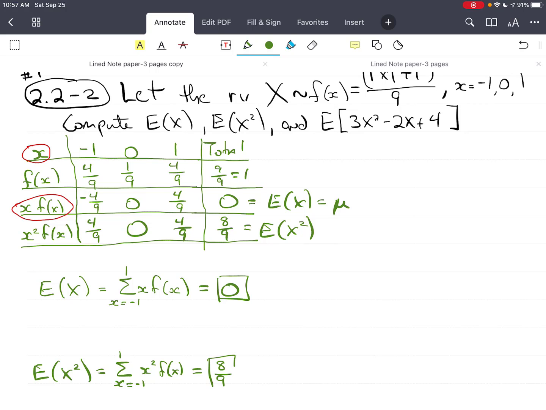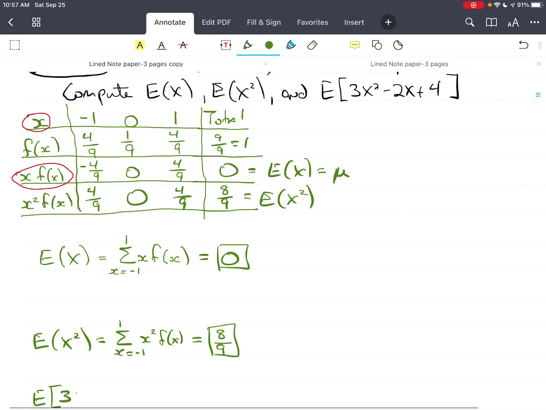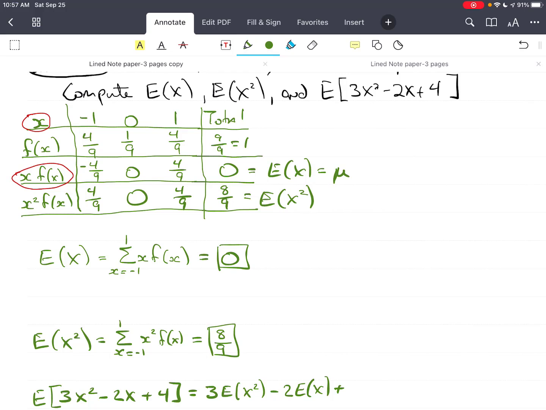This quantity is 8/9. And then I want e of 3 times x squared minus 2 times x plus 4, which by the properties that we've gone over is equal to 3 times the expected value of x squared minus 2 times the expected value of x plus 4.